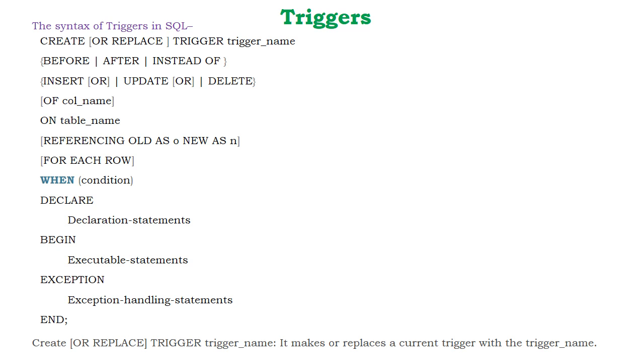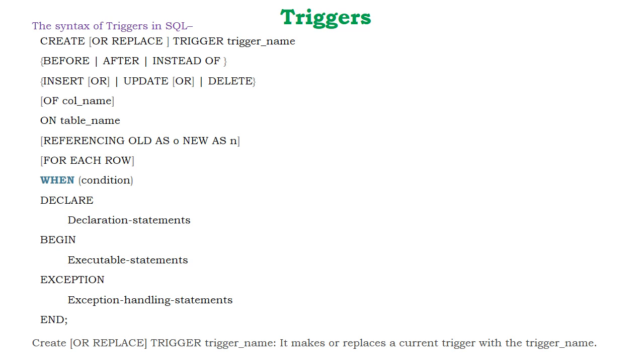Before insert, before update, before delete, or after insert, after update, after delete, or instead of insert, update or delete. And next mention the column name and/or the table name. Referencing old as O and new as N, for each row, when the condition.